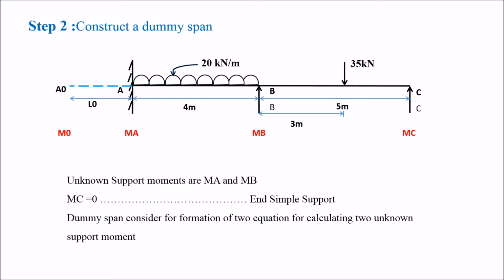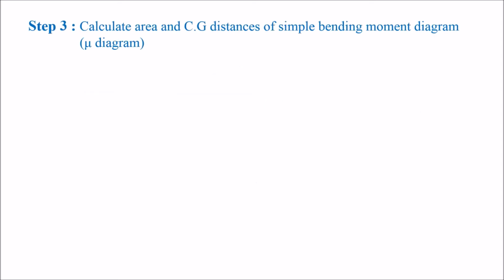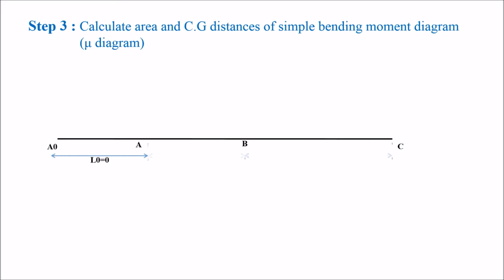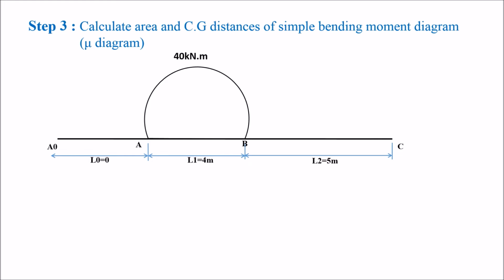Step 3. Calculate the area and centroidal distance of the simple bending moment diagram, meaning the mu diagram. This is the simple bending moment of span AB.